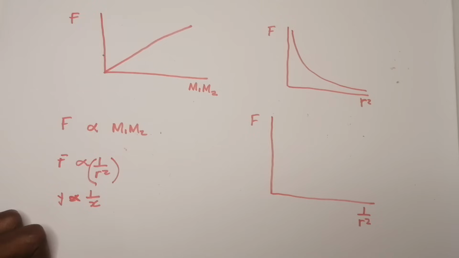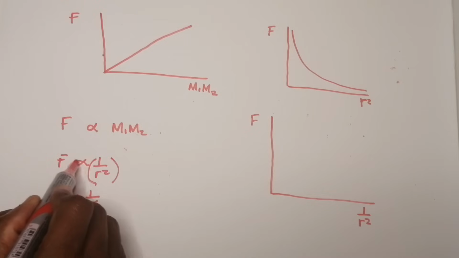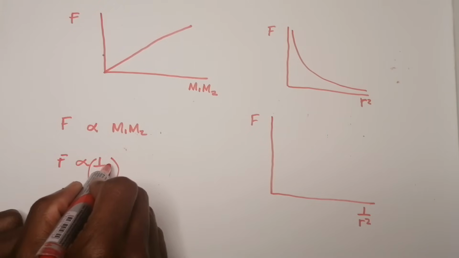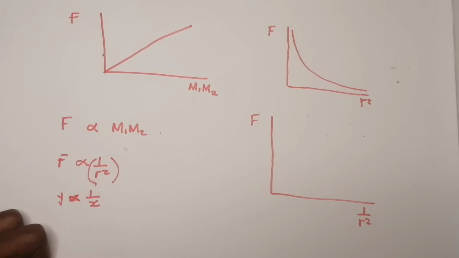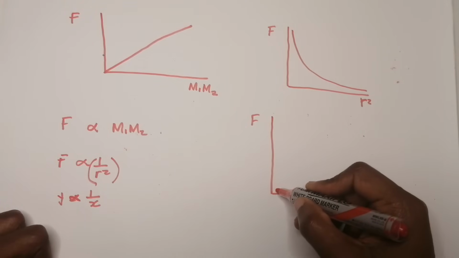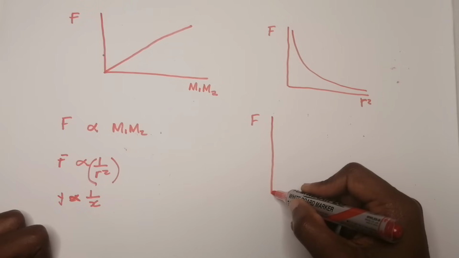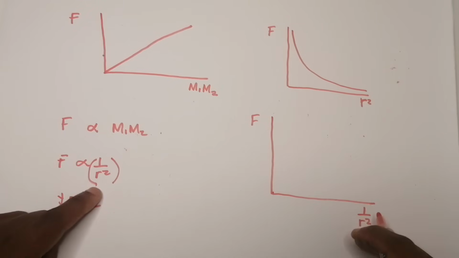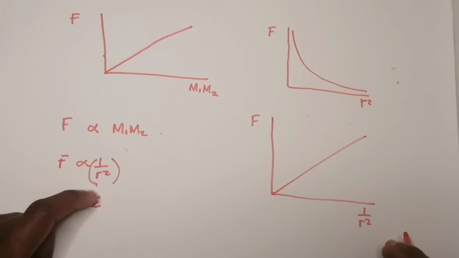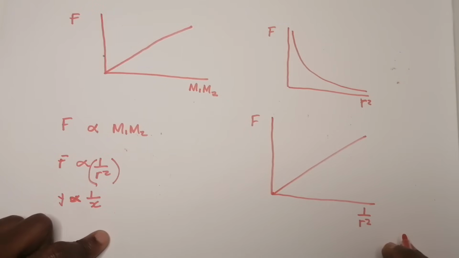I know that sounds a little bit technical, but all I'm saying is that it is directly proportional. So the more the inverse square increases, the more the force increases. So in this particular case, you would end up with a straight line. So once again, you'd find a straight line like that. Just be on the lookout for that.